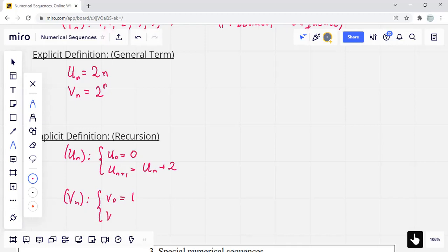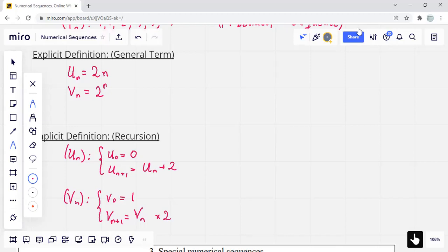To find the n plus 1 term, we find the term before that, V_n, and multiply it by 2. The first term is 1, times 2 gives 2, times 2 gives 4, then 8, 16, 32, and so on.